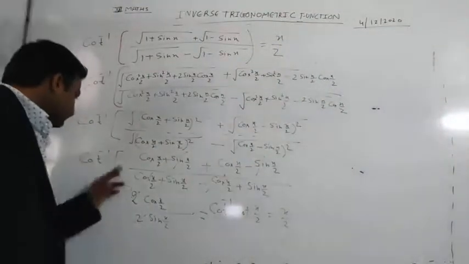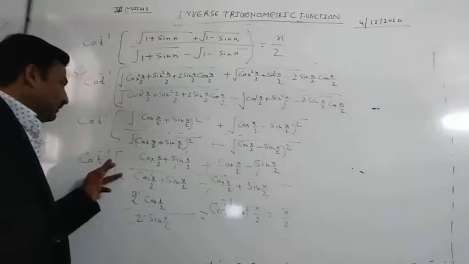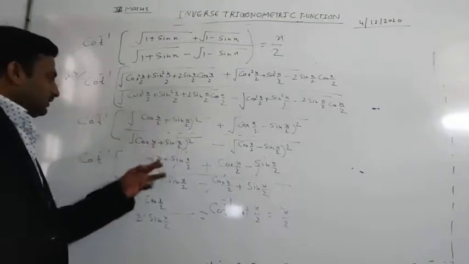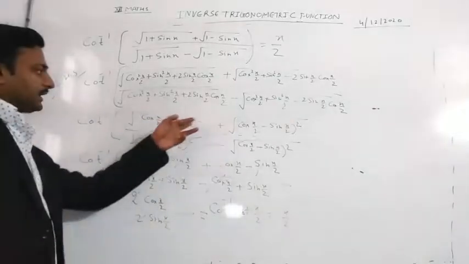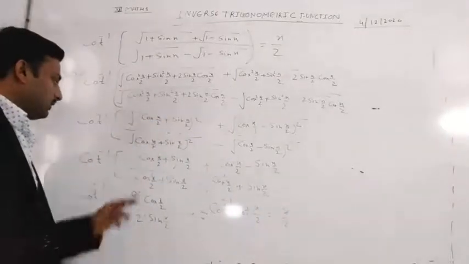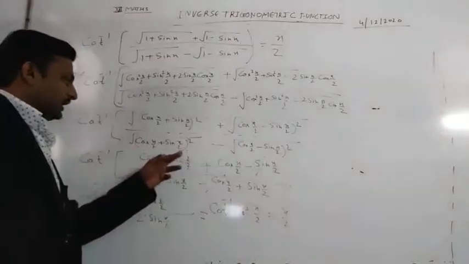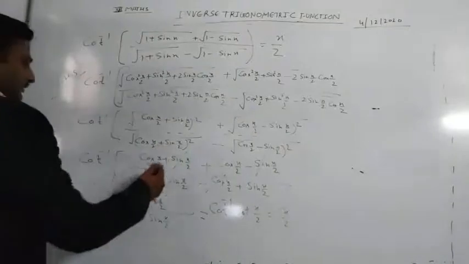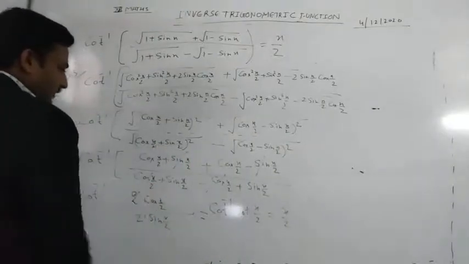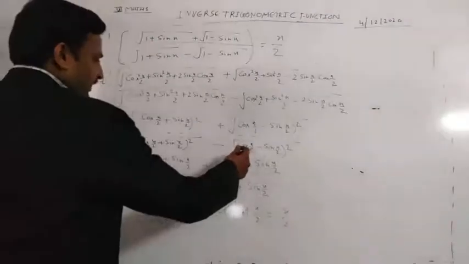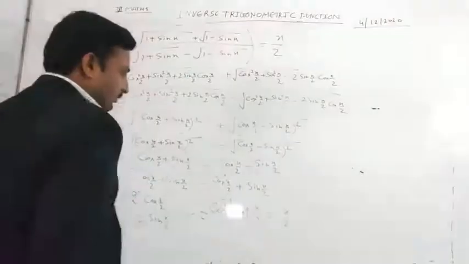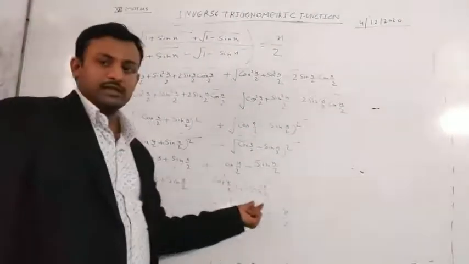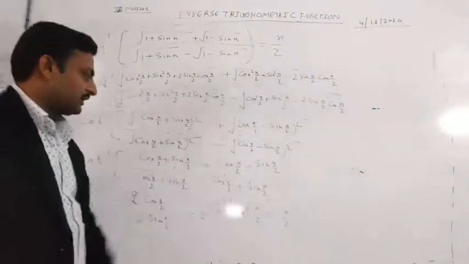Now when we take this out of the square root, we will write cos x by 2 plus sin x by 2 plus cos x by 2 minus sin x by 2, divided by cos x by 2 plus sin x by 2 minus, this will be cos x by 2 minus sin x by 2, but outside is a negative sign, so the sign will change inside, so we will write plus sin x by 2.